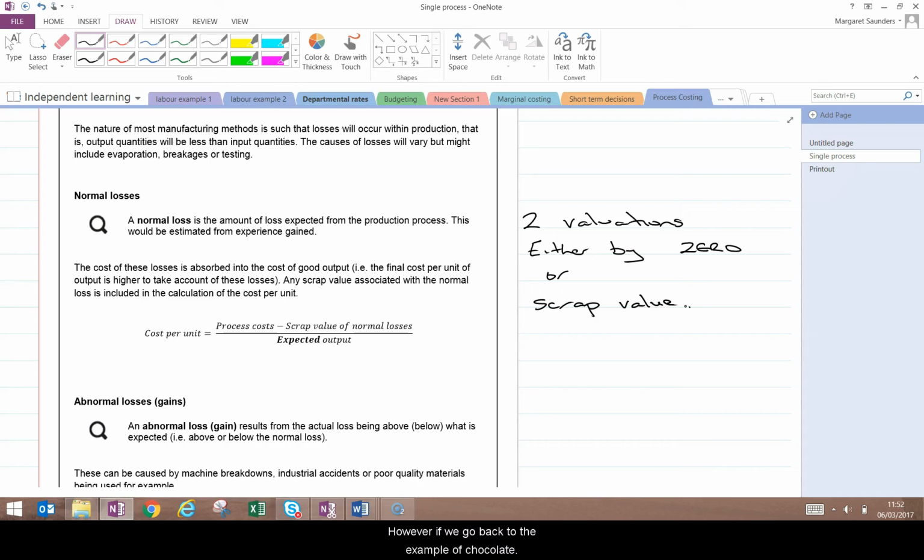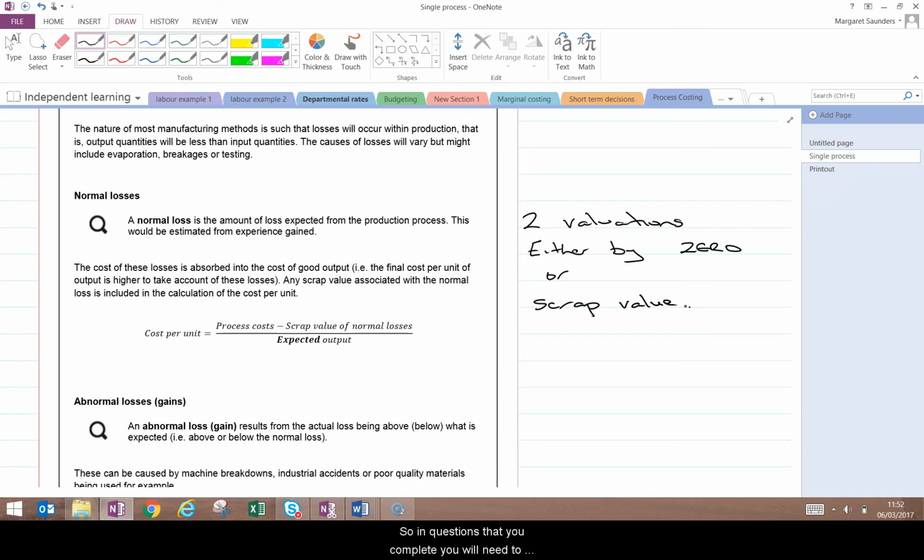However, if we go back to the example of chocolate, if our output is 50 kilos less than our input, and that 50 kilos is due to misformed chocolates that weren't as expected, we could still sell those. Many of you may have seen misshapen chocolates for sale. We sell them at a lower than normal cost.